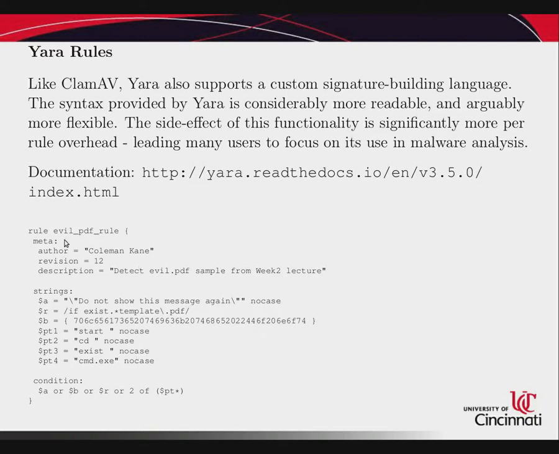One of the nicest things about it, in my opinion, is rather than you being restricted to having a specific name, which I put here at the top, for the rule file, like you did in ClamAV, where you just had one name that you had to try and be unique and descriptive with, you actually get the flexibility to put as many key value pairs here documenting metadata about the rule.